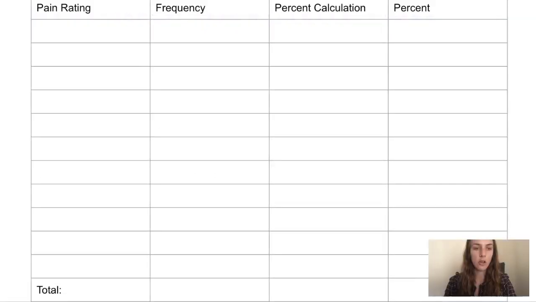Here's our data that we're about to work with, and we're doing the very same thing. We're going to create another table. We're going to list all possible pain ratings, tally the frequency that each one was reported, calculate the percent for each, and then report the percents and make sure that we have 100% of data accounted for, or at least very close. So let's hop back over to the whiteboard.